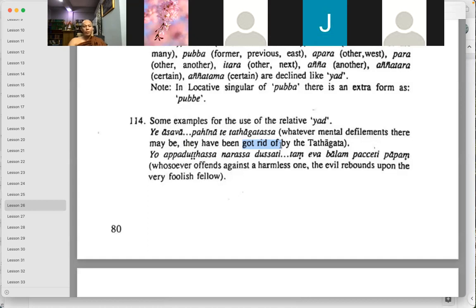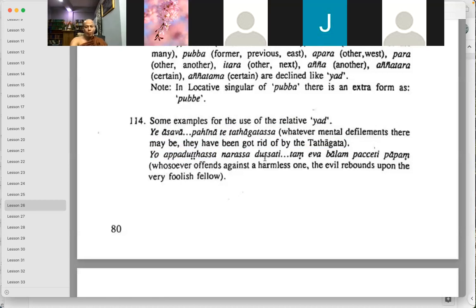Or sometimes, but here ye is nominative case plural. Here also te, nominative case plural. Okay, masculine can be. But in the next, you see: yo appaduṭṭhassa narassa dussati. Yo appaduṭṭhassa narassa dussati. So yo means whoever, whosoever.